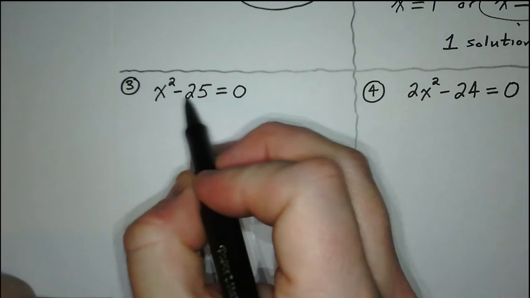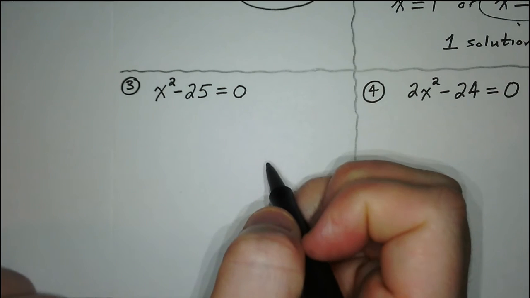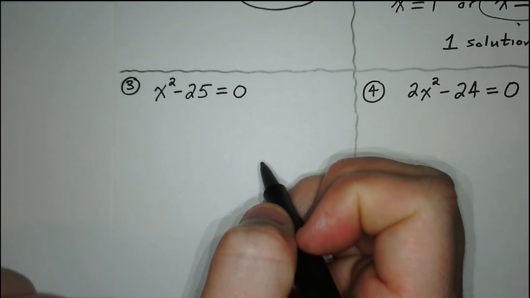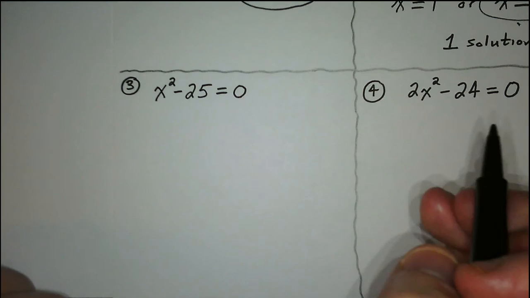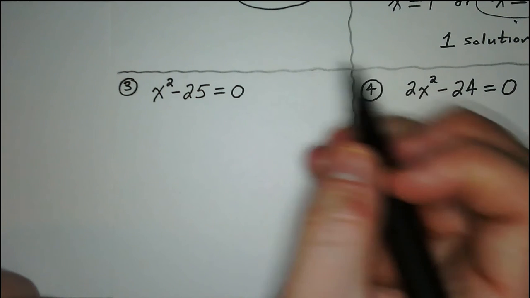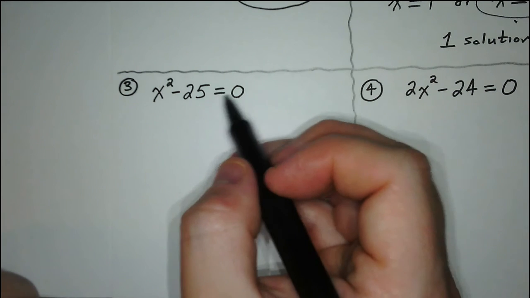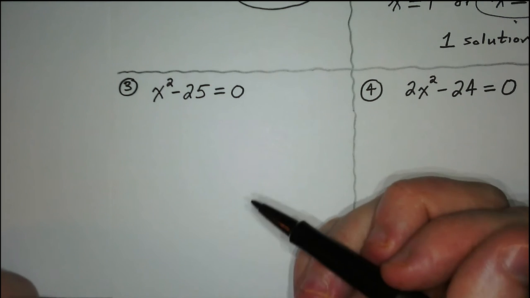First of all, number 3, this actually is the type of situation where you sort of can get x by itself.